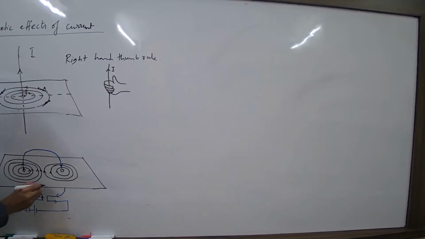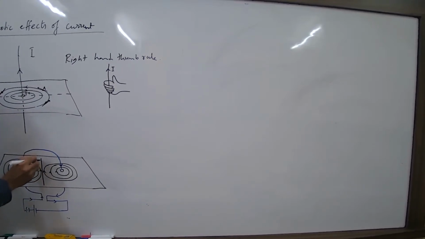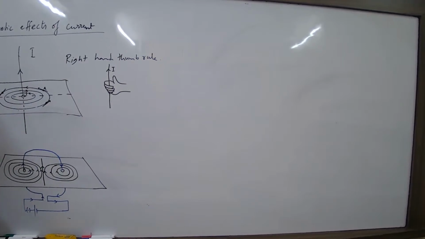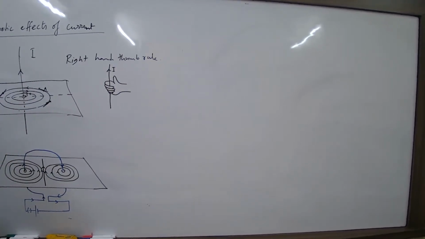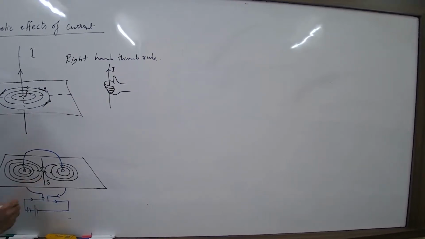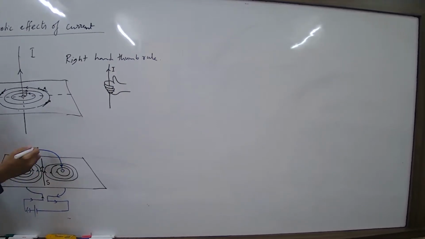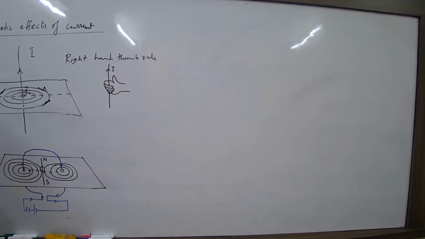The field is entering into the coil, so this side must be the south pole, because the field is entering from this side. It is a surface perpendicular to the coil. And the other side of the coil must be the north pole, because the field is emerging from it.